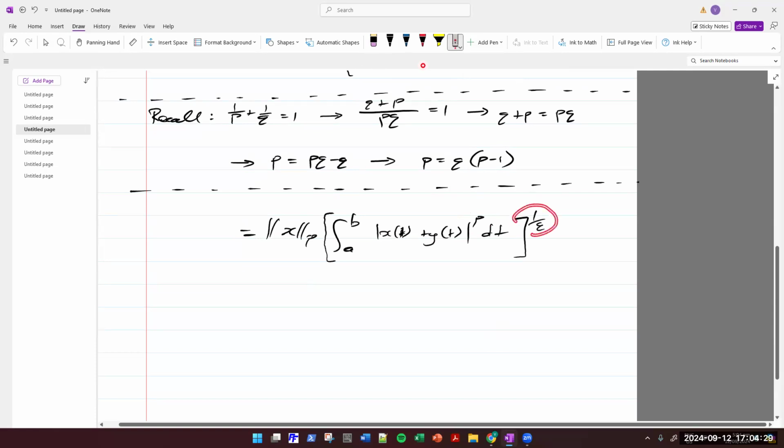This one here is 1 over q. If instead this q was a p, then we can write this as a p norm. It would just be the p norm of x plus y.